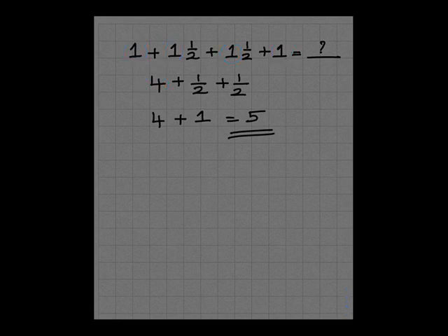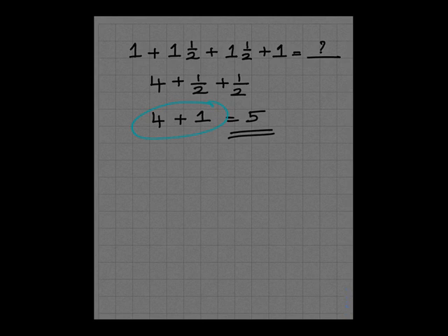And let's add all the fractions together. 1 by 2 and 1 by 2, we know that half and half makes 1, right? And finally, 4 plus 1 will become 5.